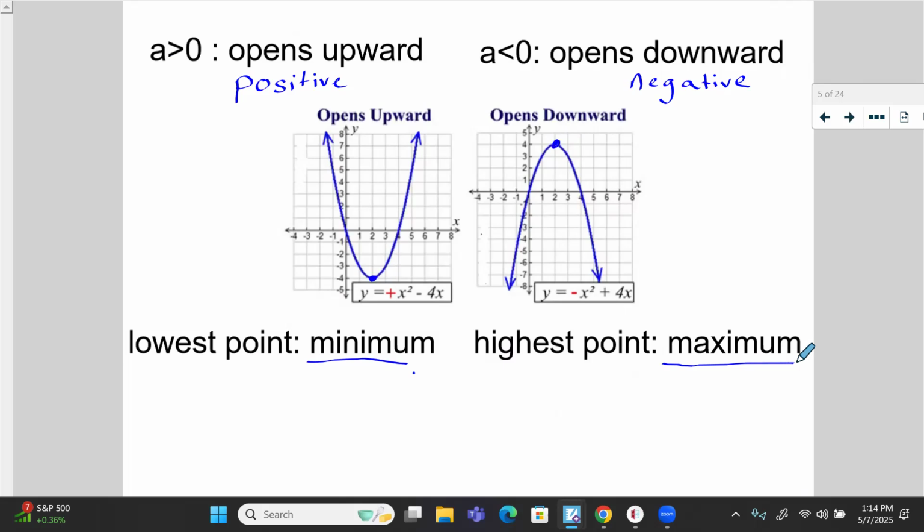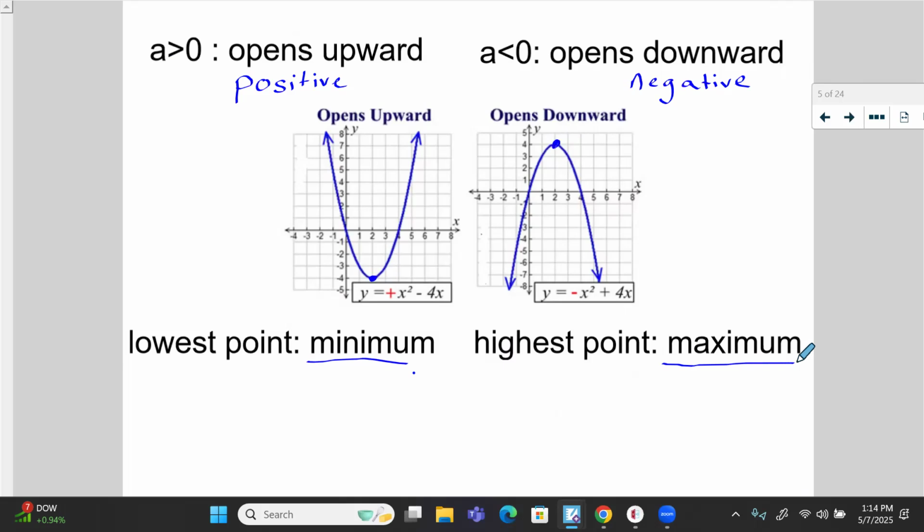So these are all the things that we are going to be looking at. We're going to be looking at the AOS, the y-intercept, and the maximum or minimum value for your graph. And then the fourth thing we're going to look at is identifying the vertex.